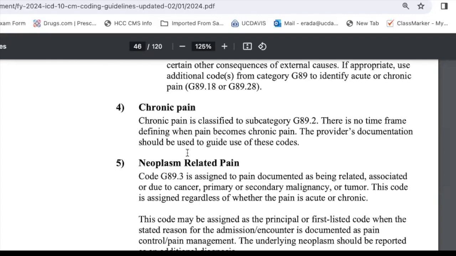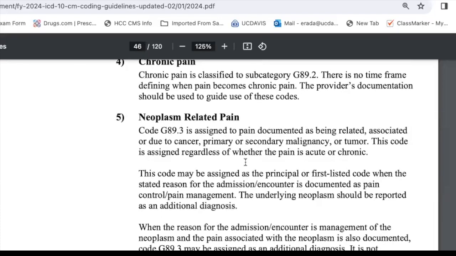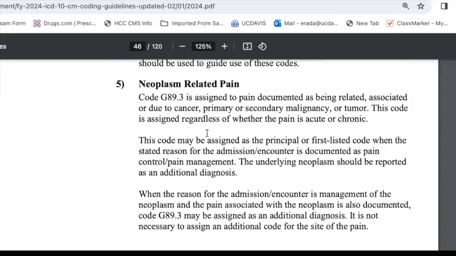If a patient has chronic pain, chronic means that it does not go away. So there's no time limit. But of course, the doctor has to document that pain.